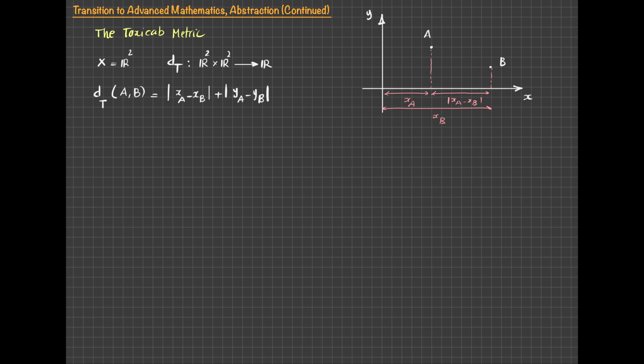So this is the horizontal distance between these 2 points plus the vertical distance between these 2 points.